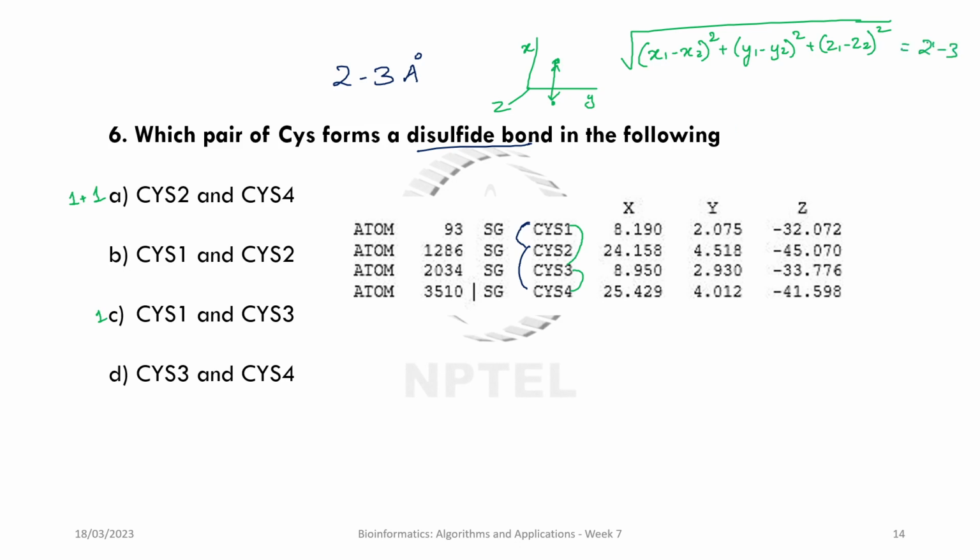Let's round it off to 3. So ideally x1 minus x2 the whole square plus y1 minus y2 the whole square plus z1 minus z2 the whole square should give you a maximum value of 9. Agreed? So let's look into these pairs.